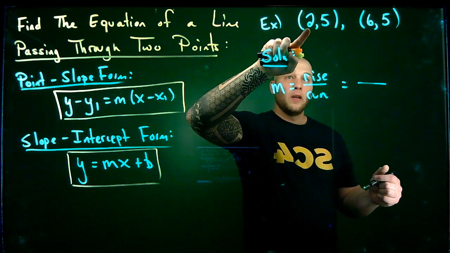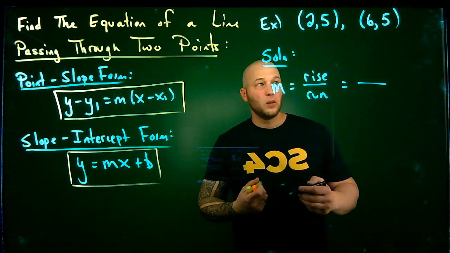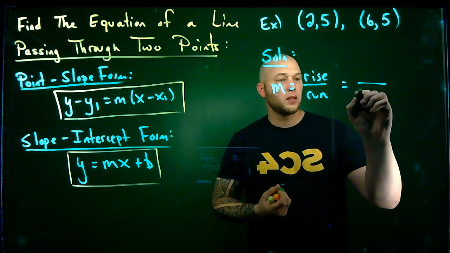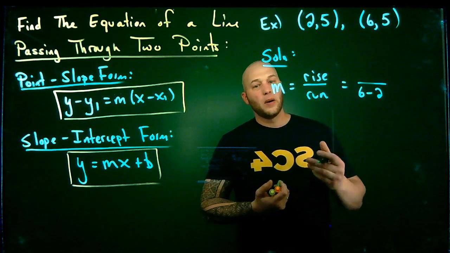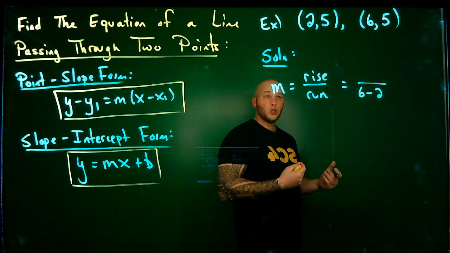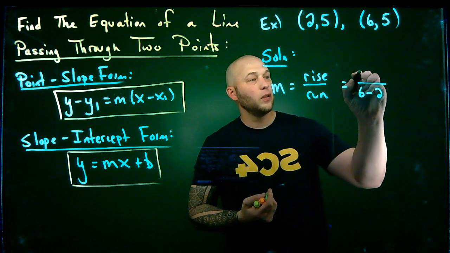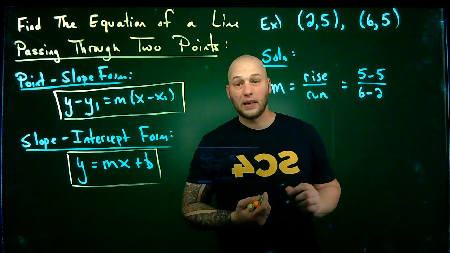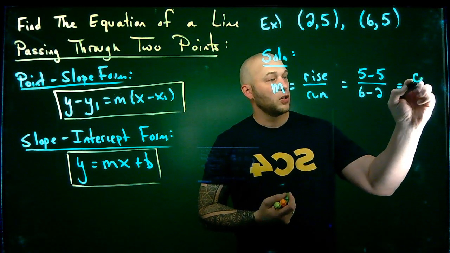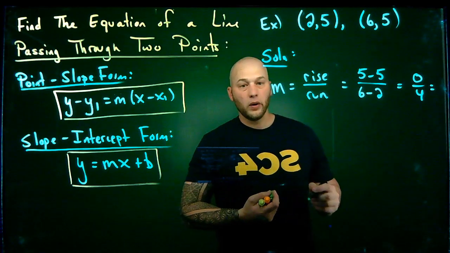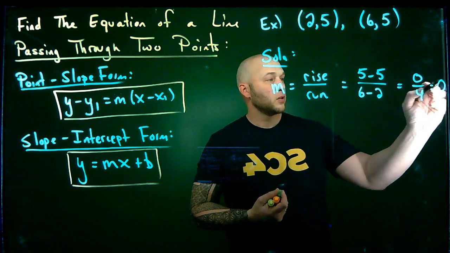That'd be from 2, I went 4 units to get to 6. Or in other words, we could say 6 minus 2. How much over that same, between those 2 points, how much did the y values change? Well, that'd be 5 minus 5, which we can see that the y values did not change. This gives me 0 over 4. And of course, 0 divided by any number is 0.